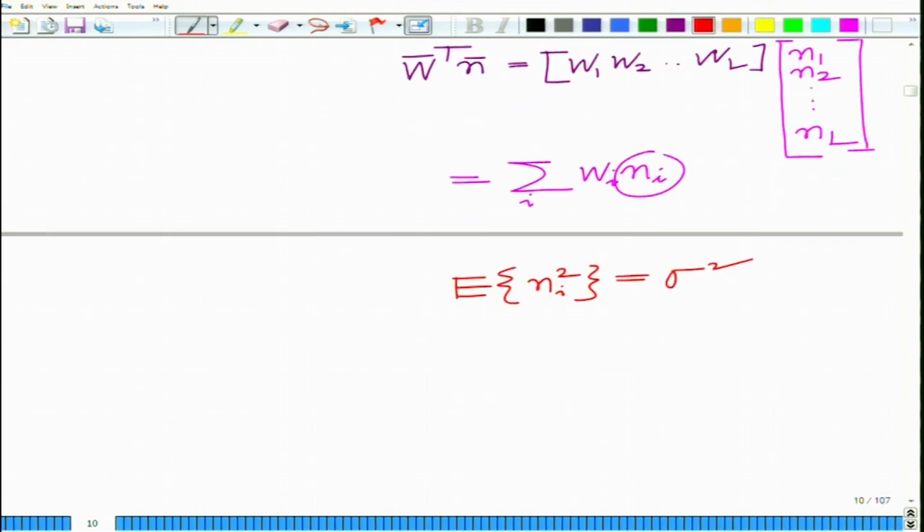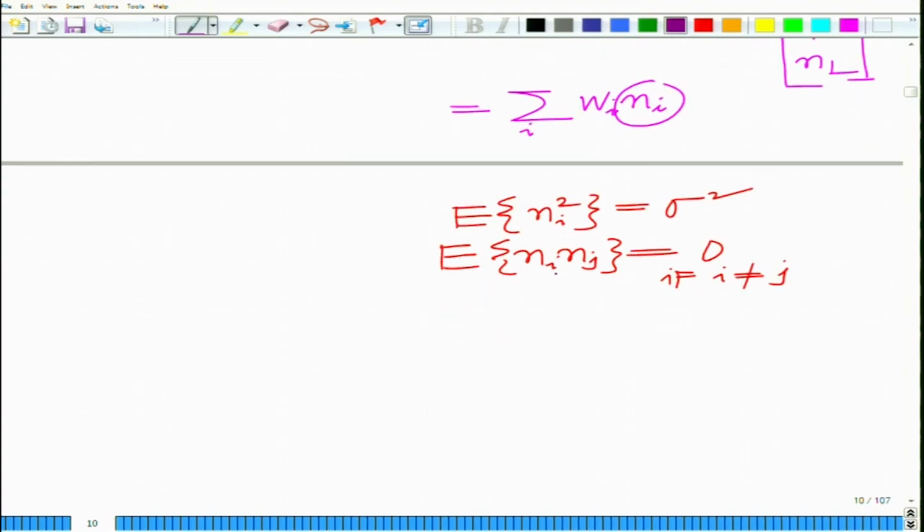In addition, if you take two distinct noise samples, expected value of Ni times Nj is equal to 0 for i not equal to j, that is, the different noise samples are uncorrelated.